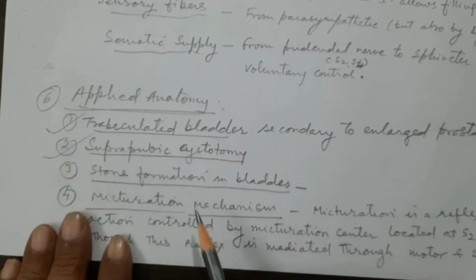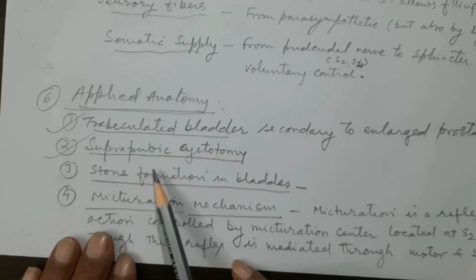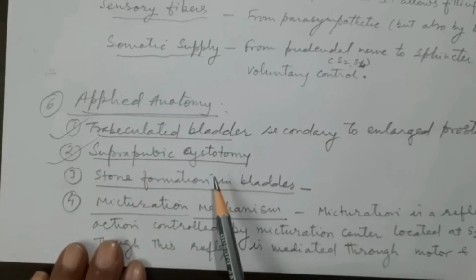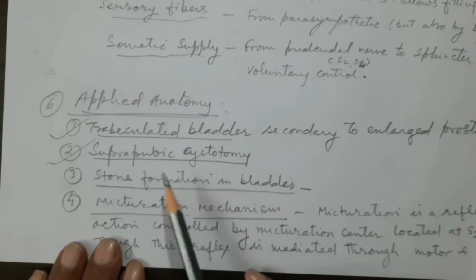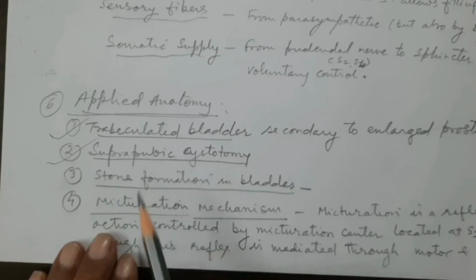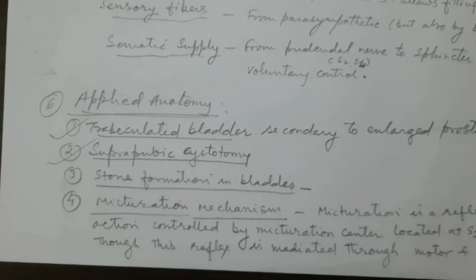Now the second applied importance is the suprapubic cystotomy. Cystotomy means cutting of the urinary bladder, and suprapubic is an easy approach to remove a stone from the bladder, or to do some surgery inside the bladder, or to remove the prostate from this route, because the prostate is just at the neck of the bladder.